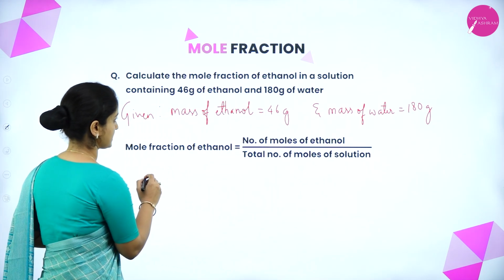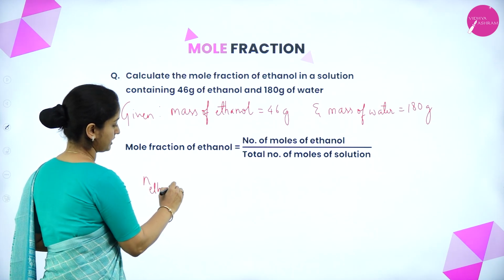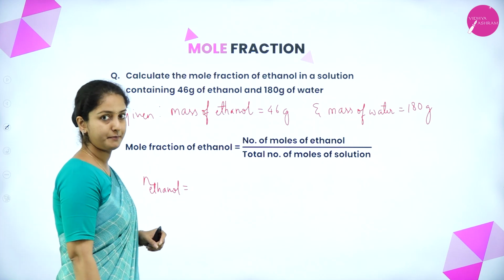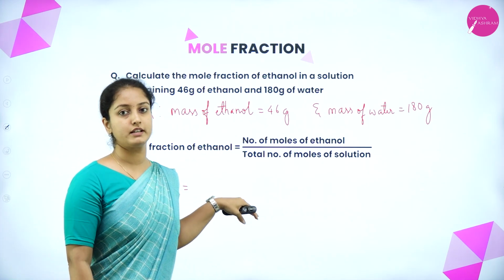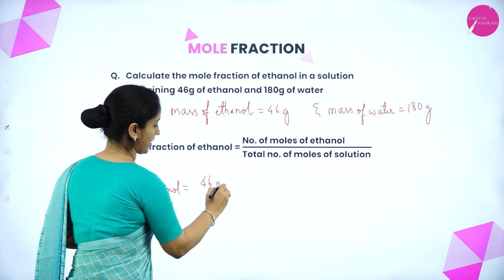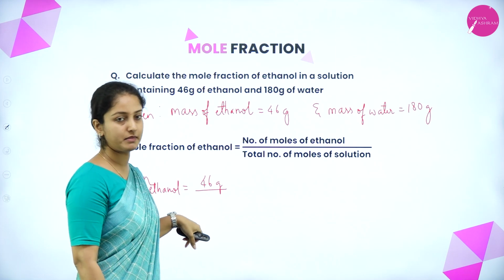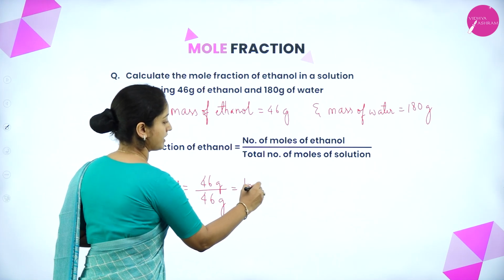The number of moles of ethanol is given by mass of that substance divided by molecular mass of ethanol. So mass is given, that is 46 grams, divided by molecular mass of ethanol, which is again 46 grams. So it gives 1 mole.